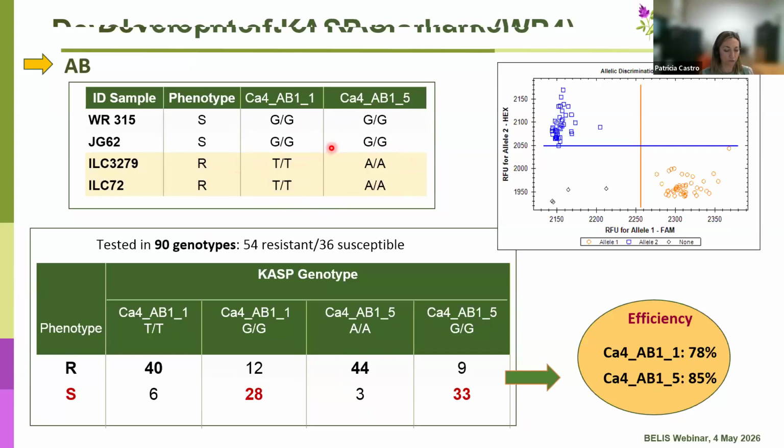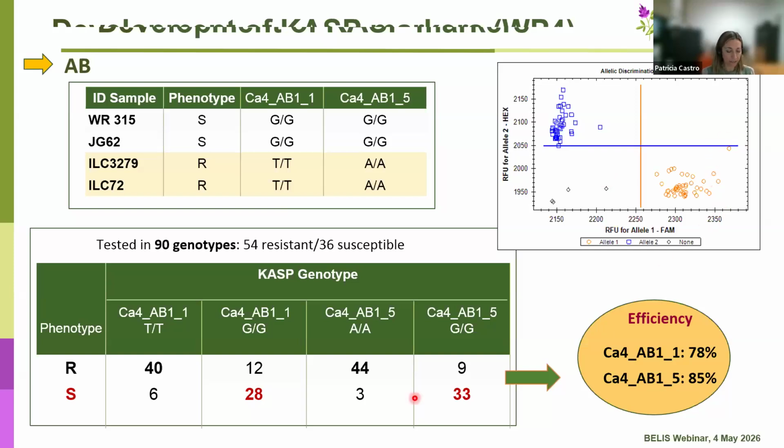To validate the usefulness of the KASP marker, we tested the markers in 90 genotypes that had been previously phenotyped, and in the graph, we see that the marker clearly discriminates the resistant allele from the susceptible allele.